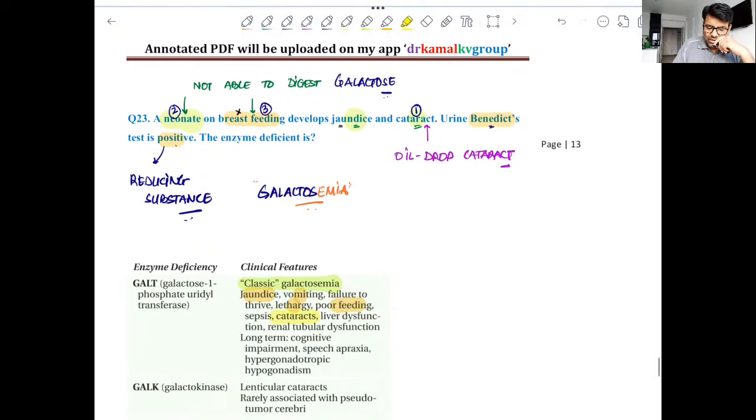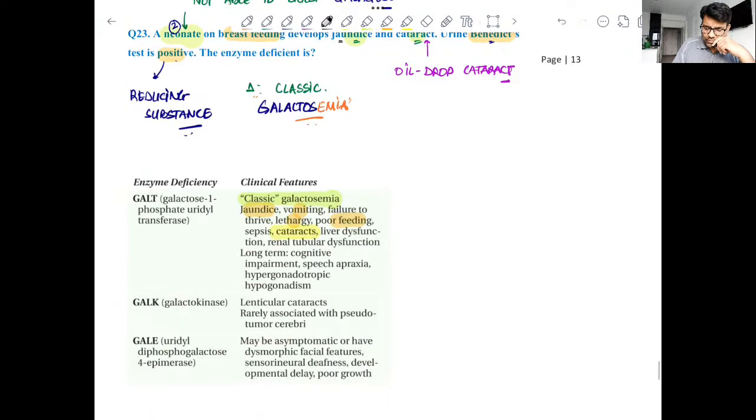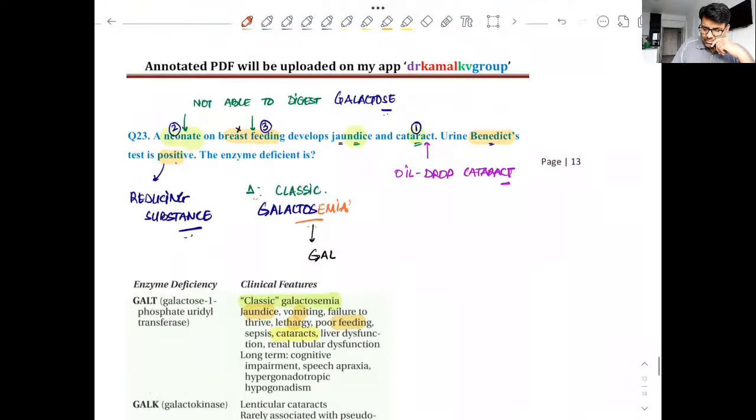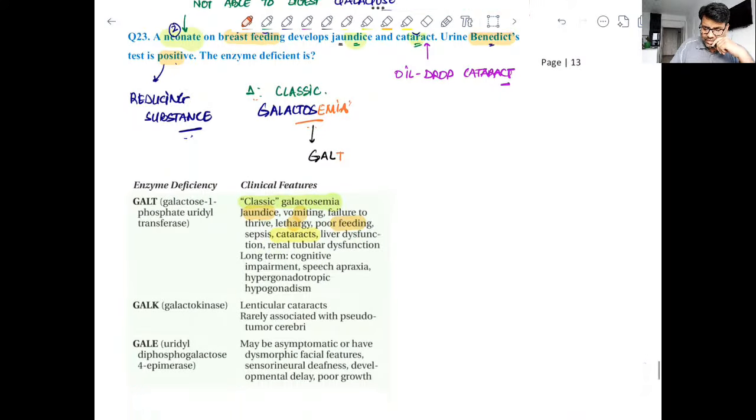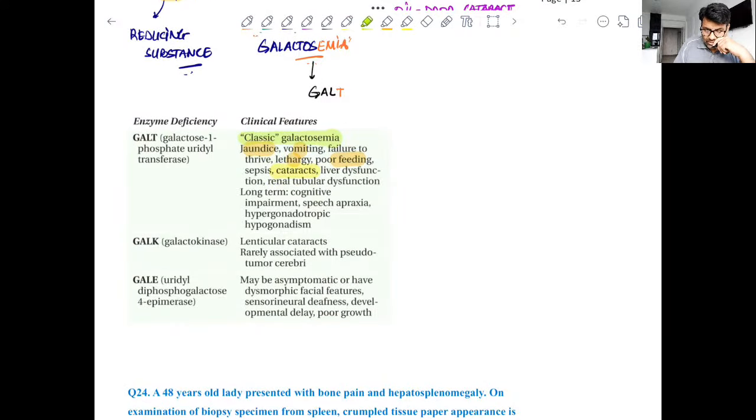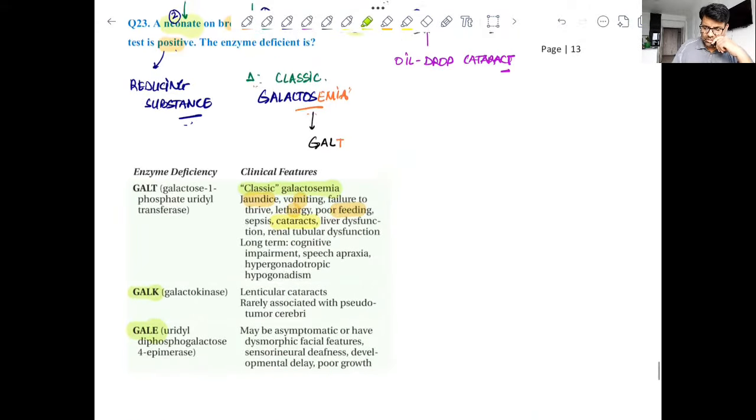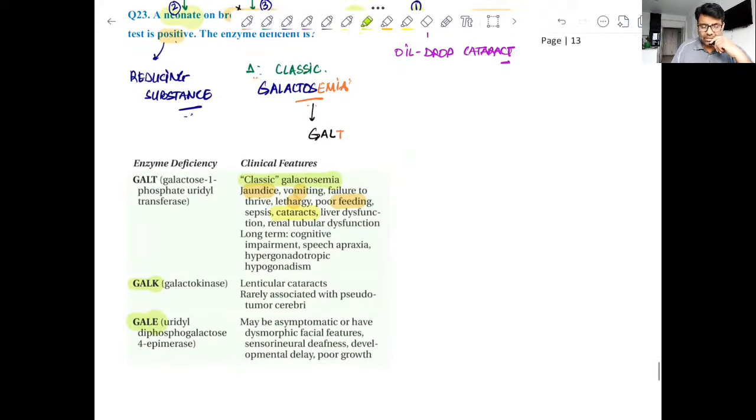So you can write it as classic galactosemia. Clear? This is because of deficiency of GALT. Because we can see galactosemia with deficiency of GALC or GALE, but they don't have these much of symptoms. So this is all suggestive of GALT, that is galactose 1-phosphate uridyl transferase.